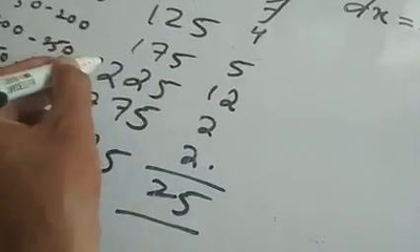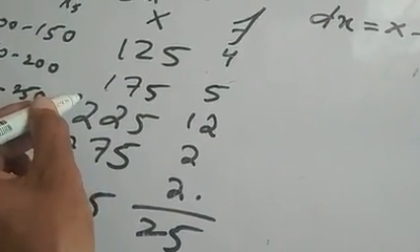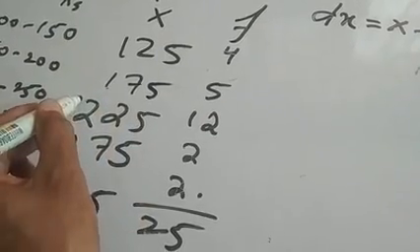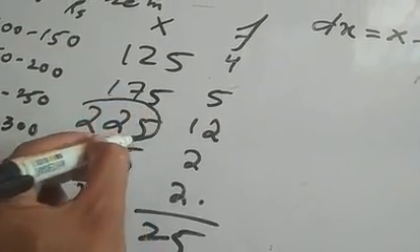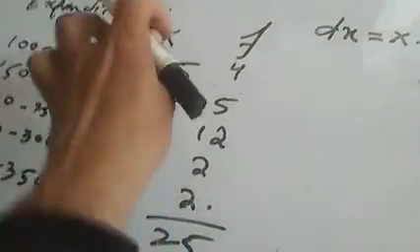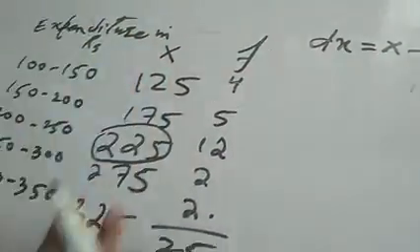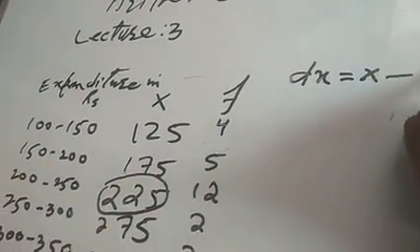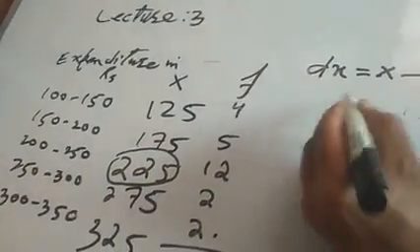We can assume any value, whether from this or not, but it will be very easy if we assume the central mid value of x, so we will assume 225.